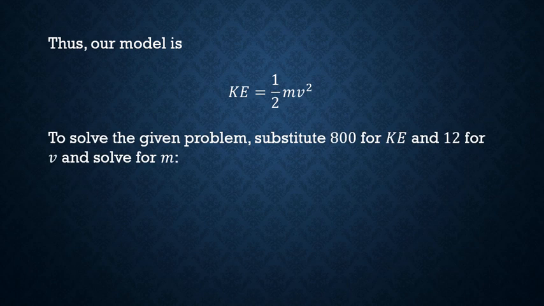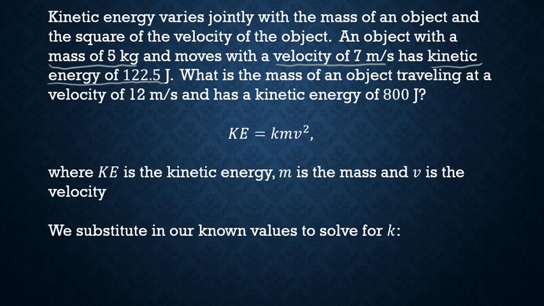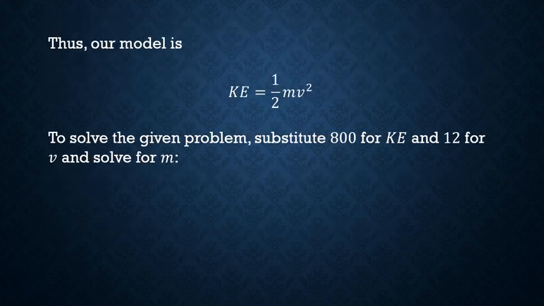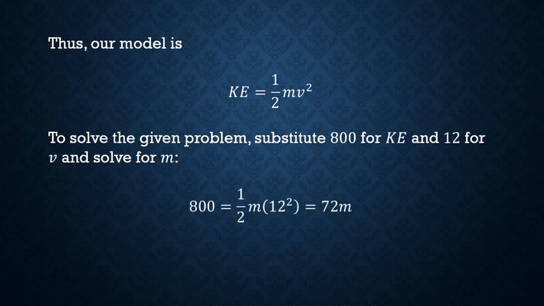So the question said, what's the mass of an object traveling at a velocity of 12 meters per second and has a kinetic energy of 800 joules? So we are going to make those substitutions. 800 goes in for Ke, 12 goes in for v, and we're going to solve for m.